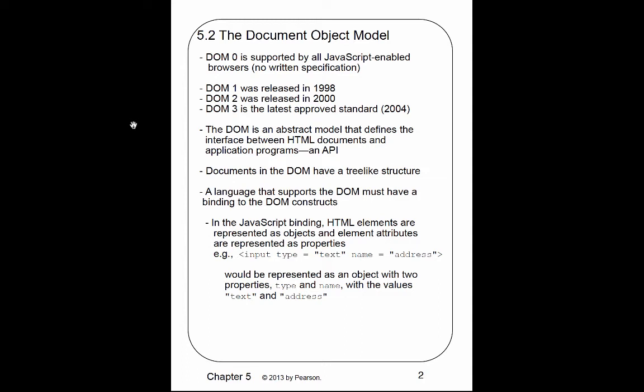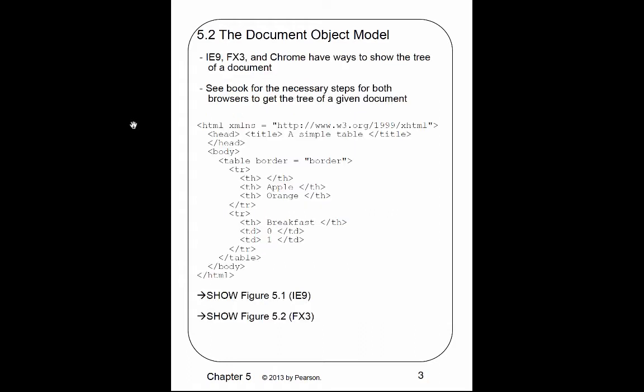So imagine when a browser loads an HTML document, the HTML document is converted into a data structure, just like what you learn in algorithms and data structures, into a tree-like data structure. And because it's a tree-like data structure, from within JavaScript code, you can access the different components of that tree-like data structure. In other words, you can access different parts of the HTML document using this data structure. But we will look at lots of examples of this later on. So here's an example to start with.